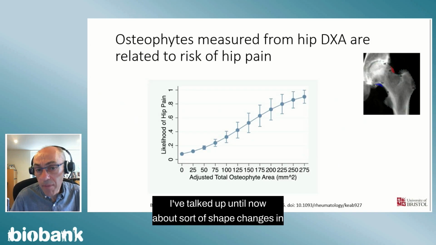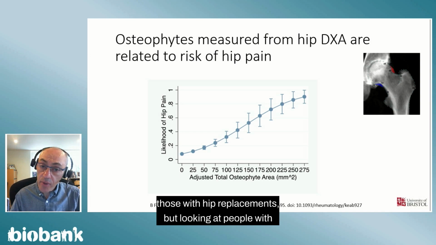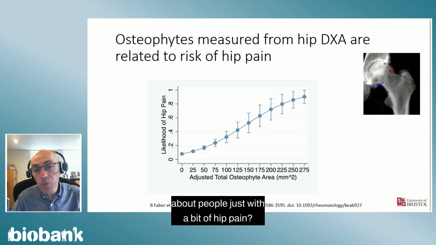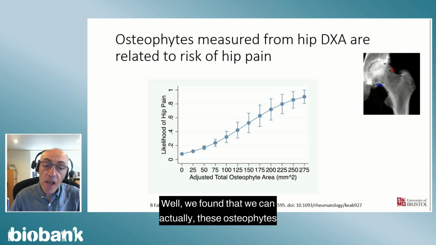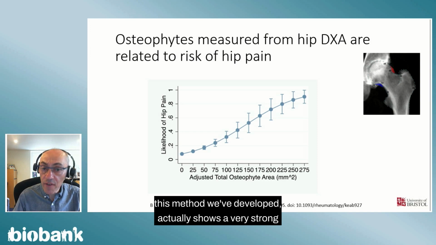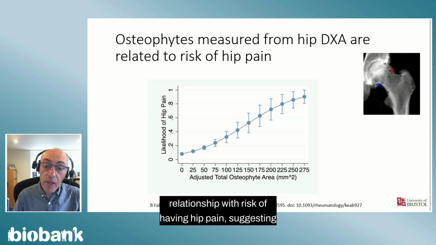I've talked up until now about shape changes in those with hip replacements, but what about people with earlier, more mild osteoarthritis, people just with a bit of hip pain? Well, we found that these osteophytes that we're detecting with DEXA scanners using this method we've developed showed a very strong relationship with risk of having hip pain.